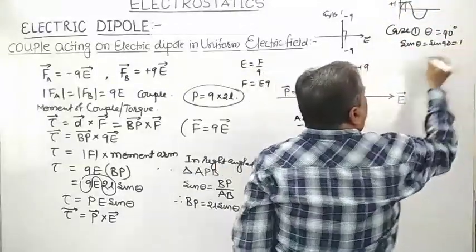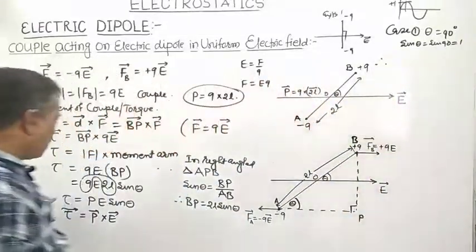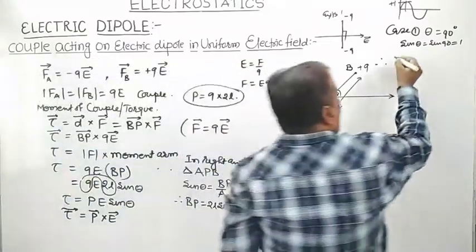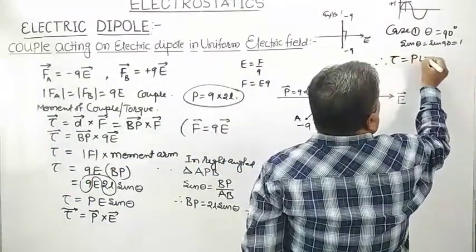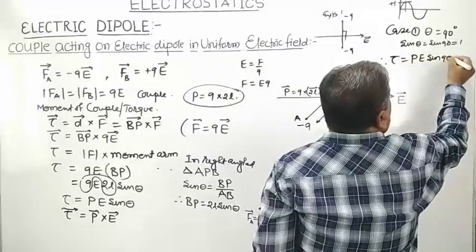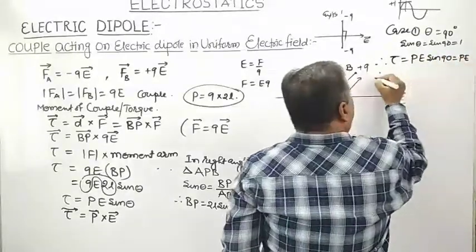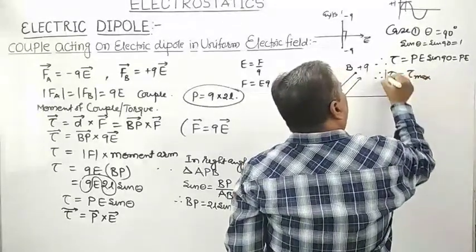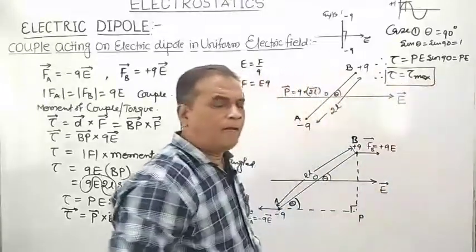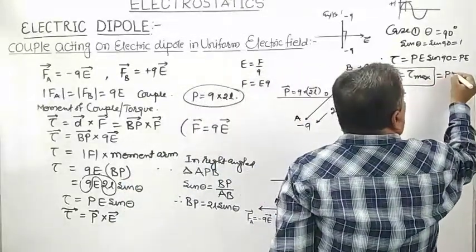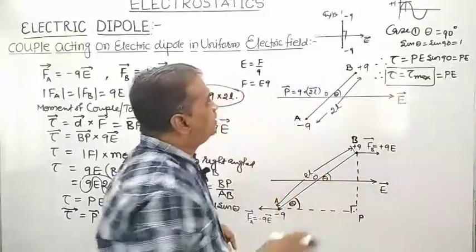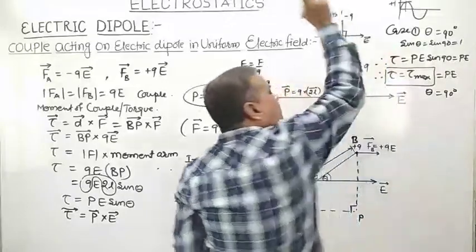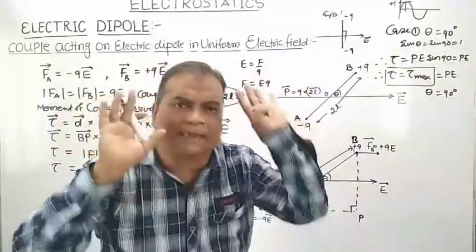Therefore, the torque acting on the electric dipole, PE sine 90, is equal to PE. So the torque acting on an electric dipole is a maximum, and that maximum value equals PE only when the angle between the direction of electric field and the axis of dipole is 90 degrees.